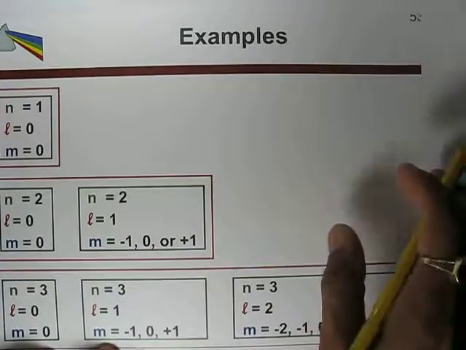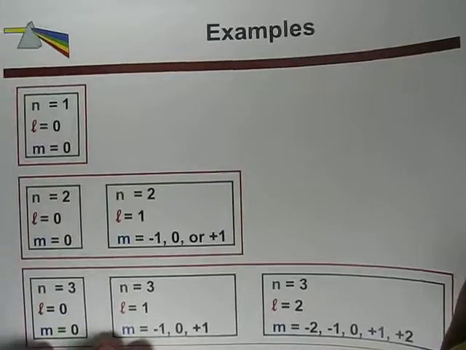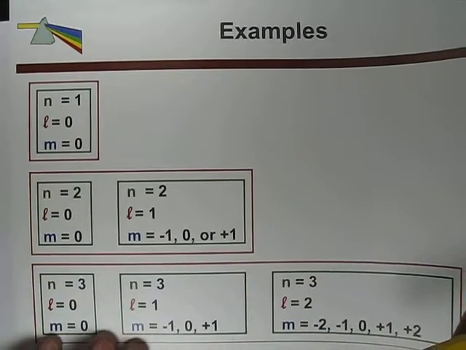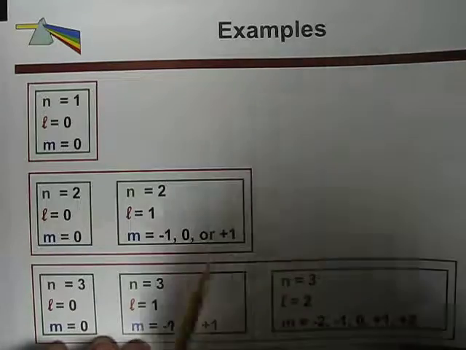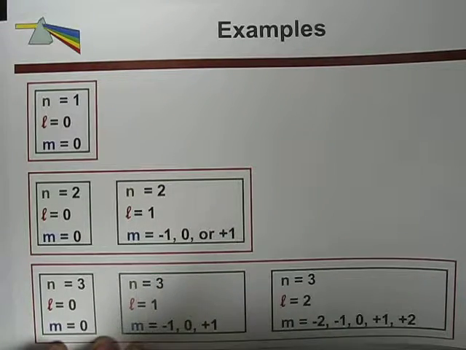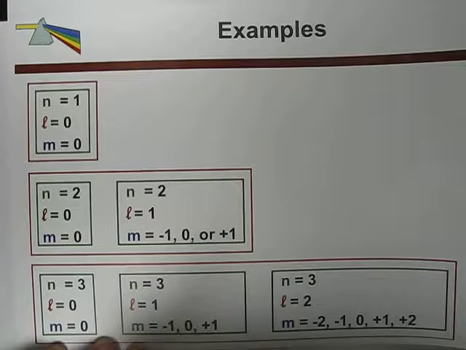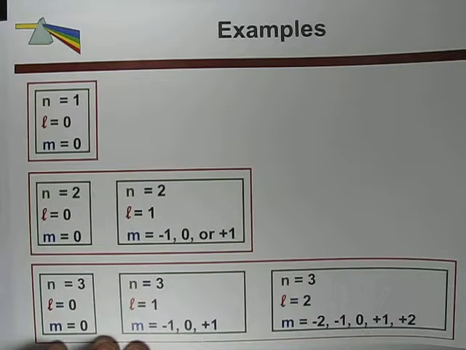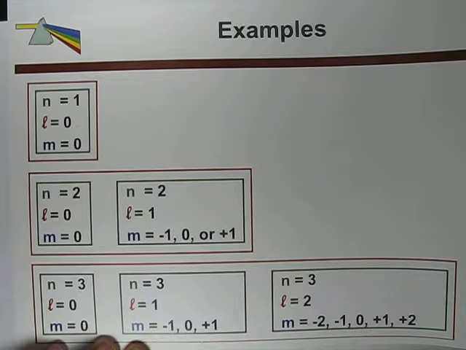So this is the way we write the quantum numbers for quantum mechanics theory: how and where an electron will be, and what the mathematical expression for that is.